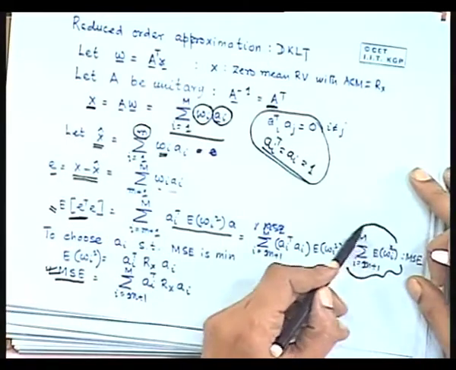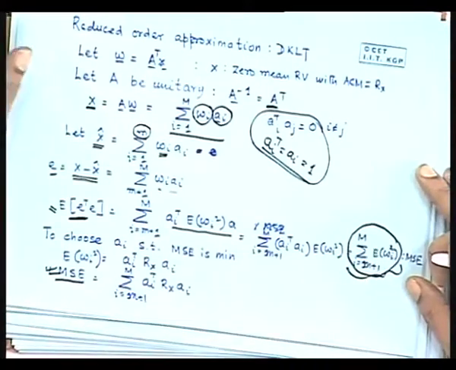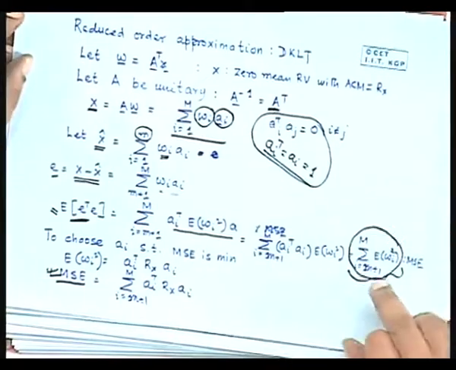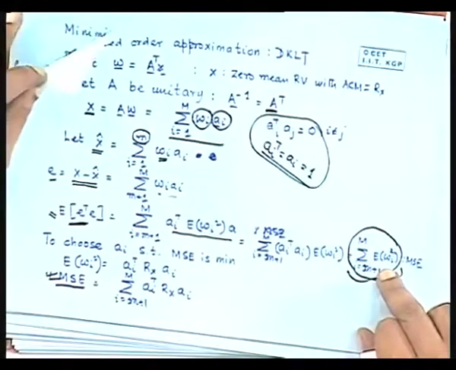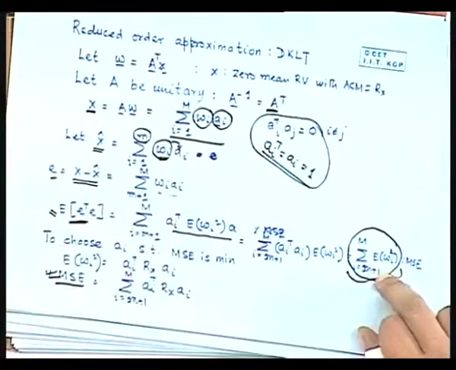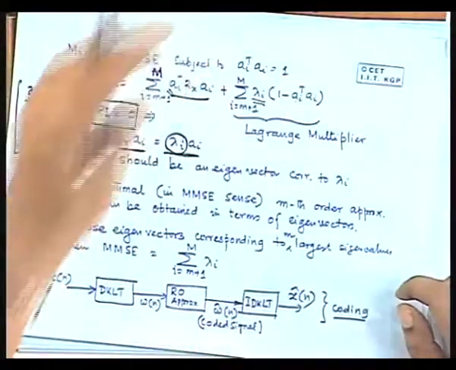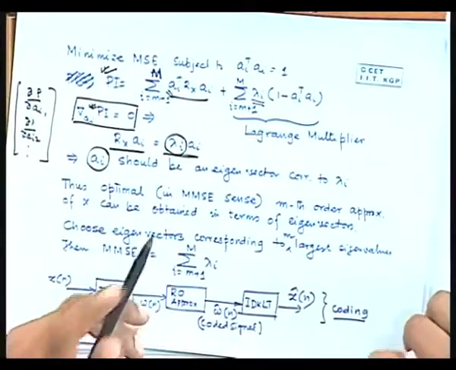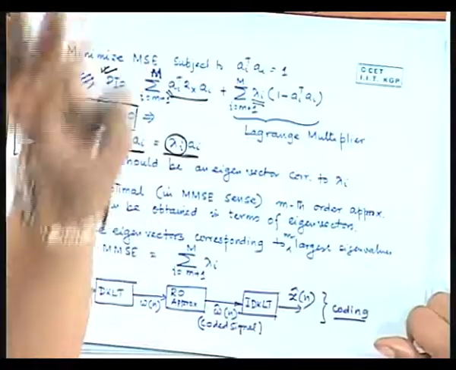Obviously you should send them such that this sum is the least. Each component wi corresponds to a particular eigenvector. So you should send those components which correspond to the largest eigenvalues. First send the component of the eigenvector which corresponds to the largest eigenvalue.